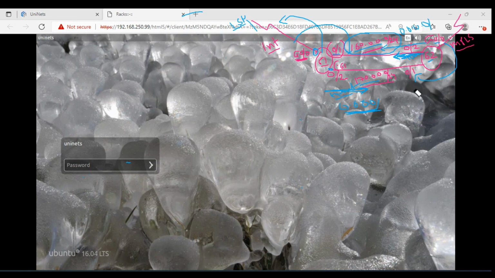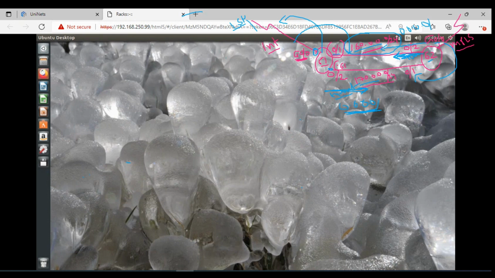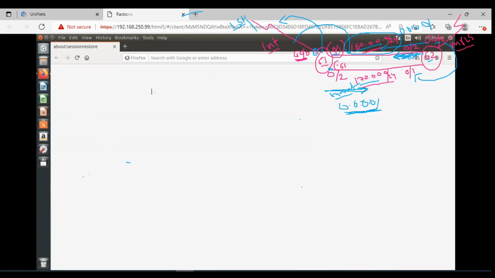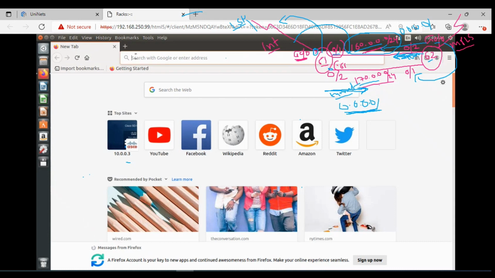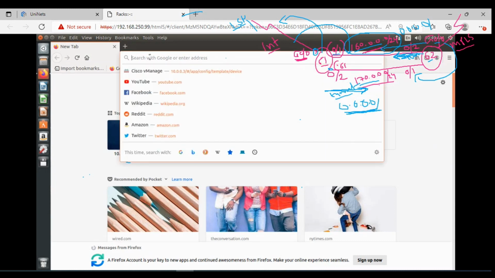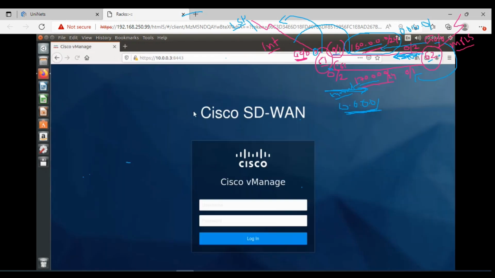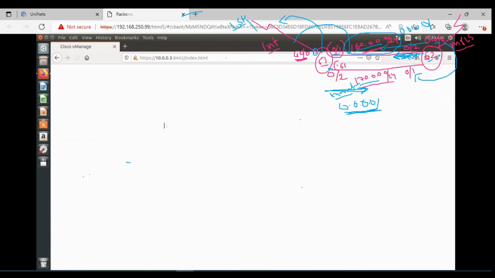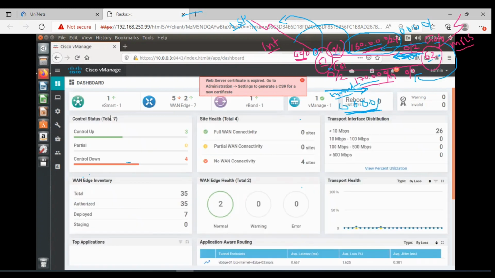Let's not erase this, because we will be requiring these IPs and interfaces. Okay, so this is our dashboard.